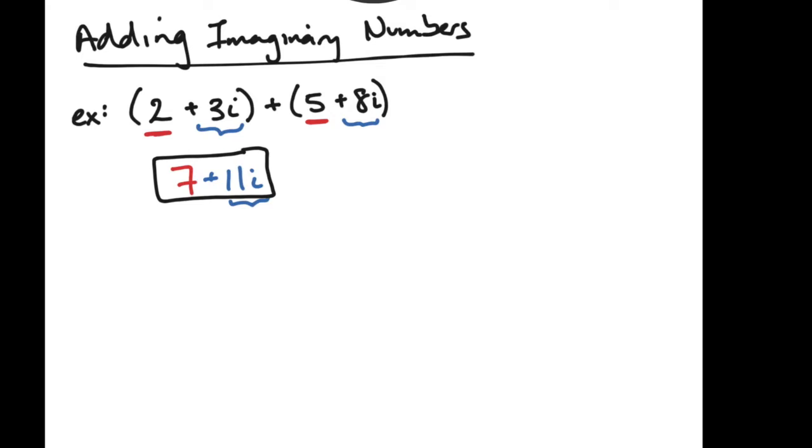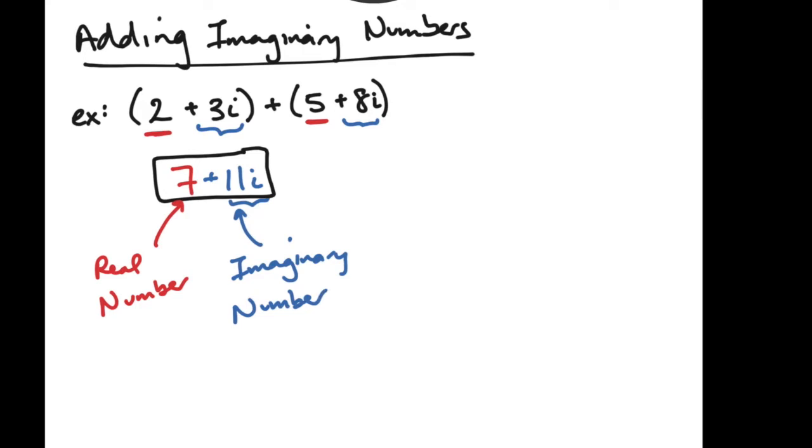The one that does not have the letter i, which is the 7, is called the real number. The one that has the i is called the imaginary number. In math, we denote this with the letter z, and z is just a way to represent complex numbers.